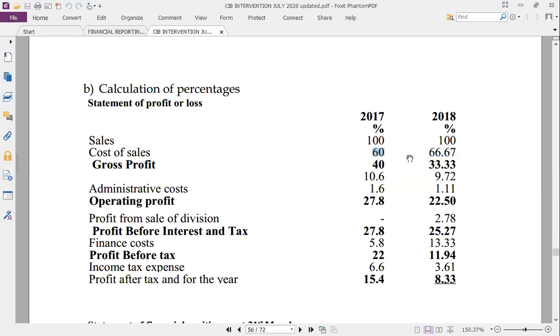So you start by saying that the cost of sales to sales ratio has increased from 60% to 66.67% over the period, leading to a decrease in the gross profit margin. That is the analysis. Very good.